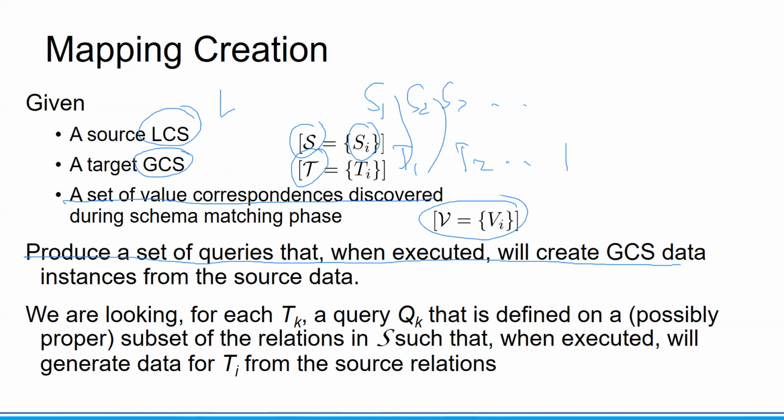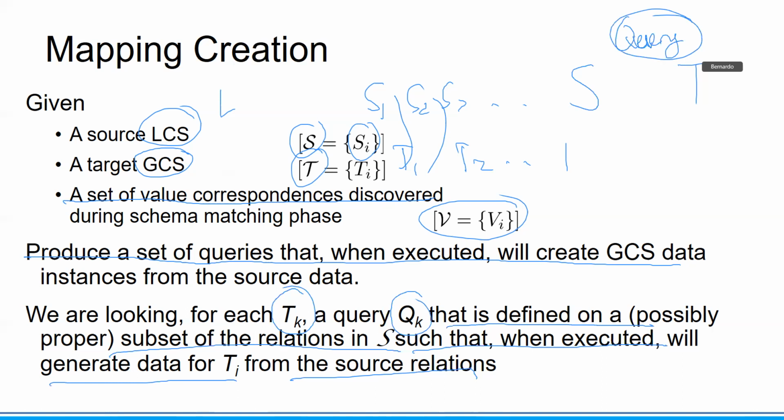We are looking for a target T_k, a query Q_k that is defined on a possibly proper subset of the relations in S, such that when executed it will generate data for T_k from the source relations. So if we have T and we have S, there will be a query, and when you apply the query expression, the data from the source can be transformed into the target schema without any issues, or with the highest similarity.